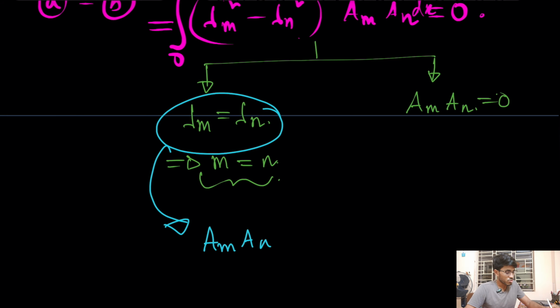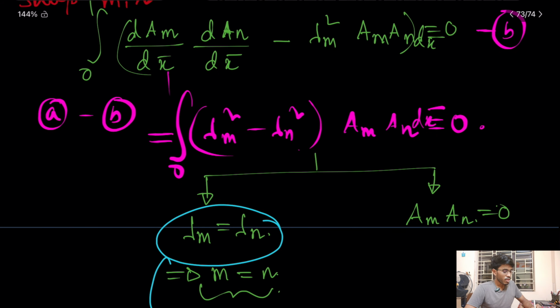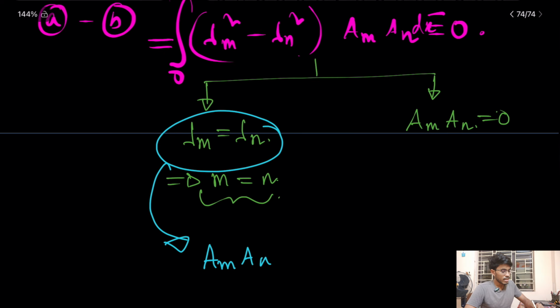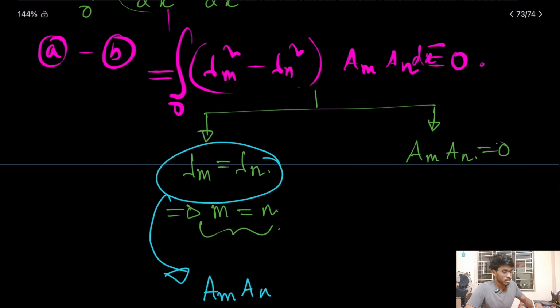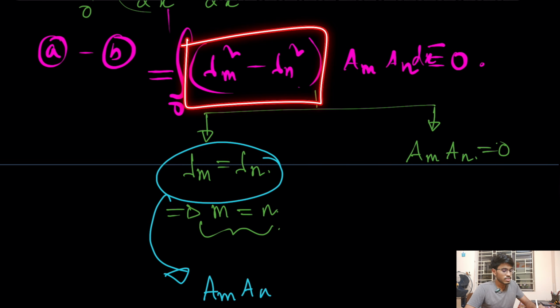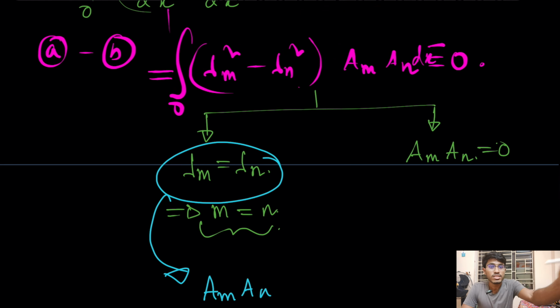Actually, what I can do is take this lambda m square minus lambda n square outside of the integral, because this is not a function of x bar. Correct.